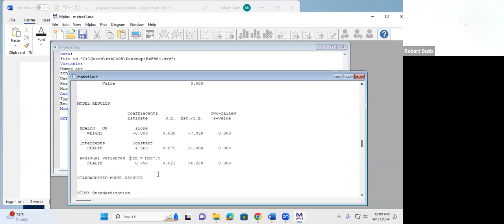So I take 0.758, square root it, and I'm going to get 0.87 for the standard error of the estimate.